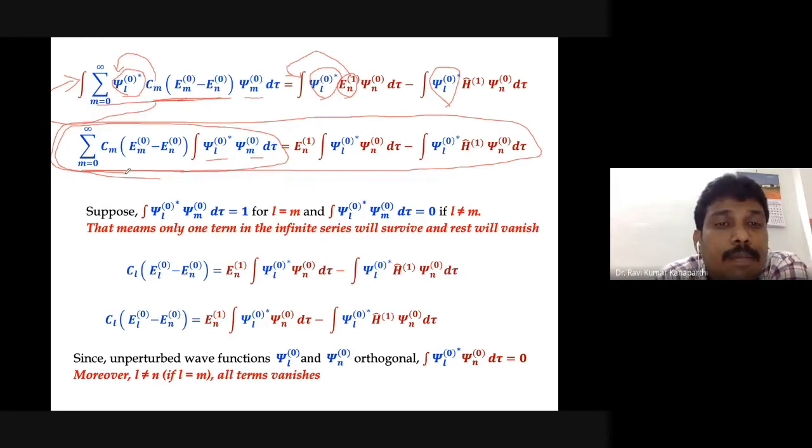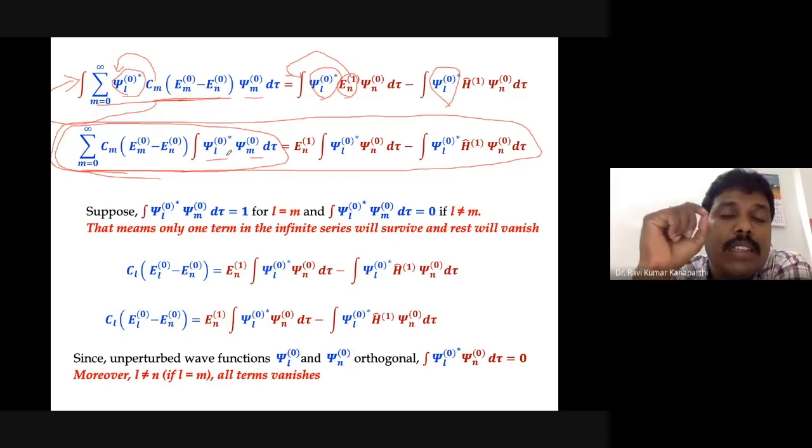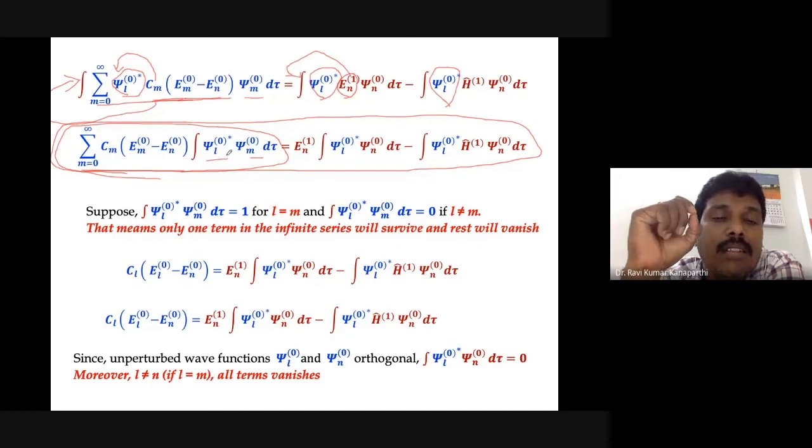And corresponding to each term, there is an integral. That integral is psi l 0 star multiplied by psi m 0 d tau. So you have infinite terms, and each term is multiplied by this integral.